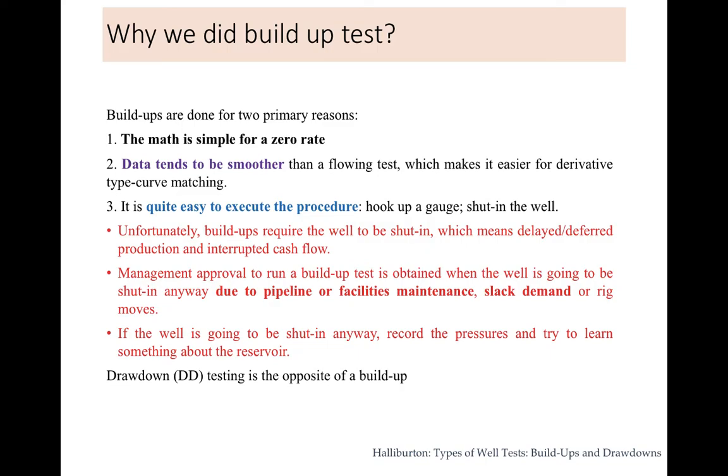Once you plot the derivative type curve matching, you will see that the derivatives are very sensitive graphs, and if the data are not smooth, the derivative type curve is about to fluctuate and will give us errors in the results, and be difficult to interpret. Therefore the data needs to be very smooth, recorded in good conditions. So equipment should be robust, everything which makes the build-up test quite good.